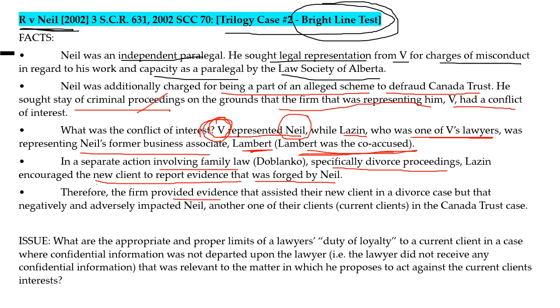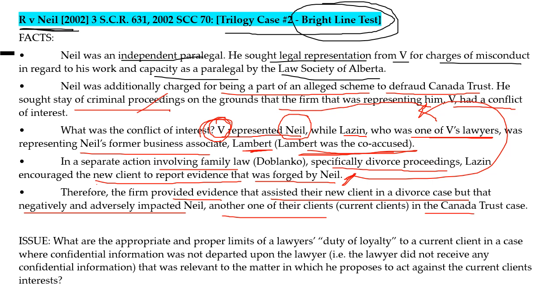So in a separate action which involved another case, not these criminal charges but a completely different family law divorce proceeding, Lazin encouraged the new client to report evidence that was forged by Neil. Therefore, the firm provided evidence that assisted their new client in a divorce case, but that adversely impacted Neil, because this forgery was used in the criminal proceedings being laid against Neil, another one of their clients, in the Canada Trust case. So here in this case, it impacted.